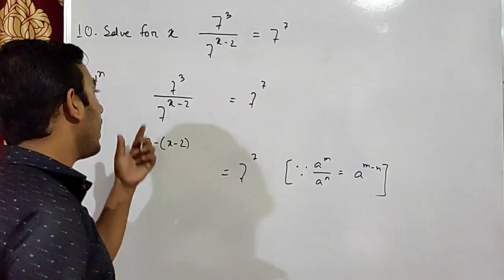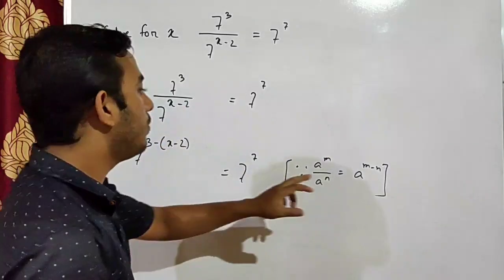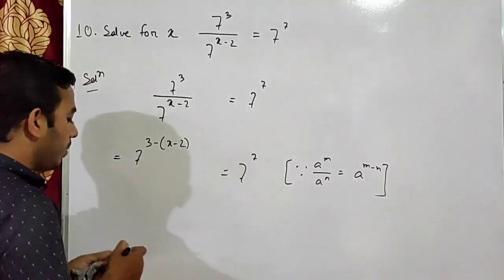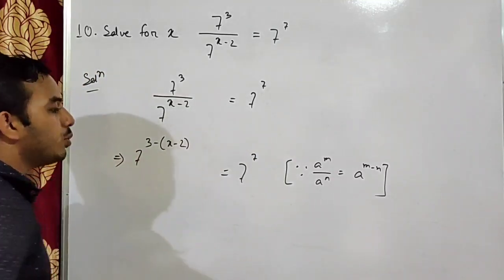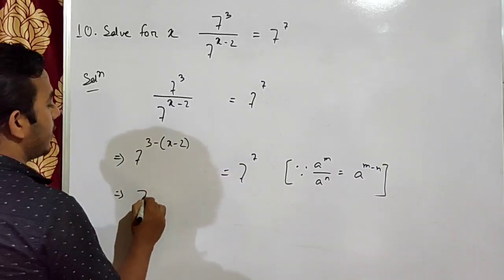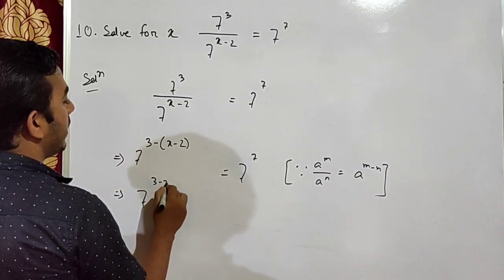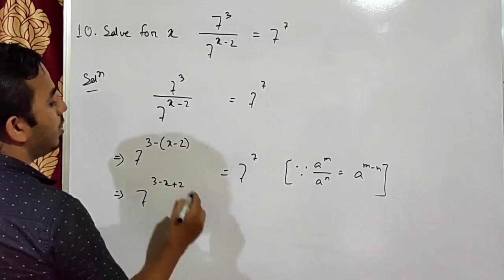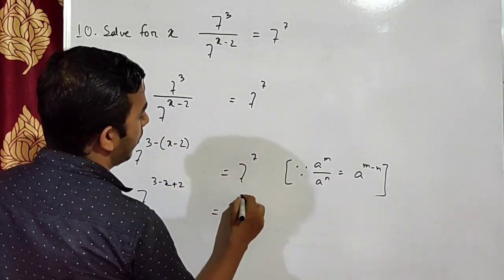So a is 7, m is 3, minus of formula or law, n is x minus 2. Now we have to solve our power part, that is exponent part. Now 7 to the power 3 minus x, then minus minus, it is plus 2 equals 7 to the power 7.